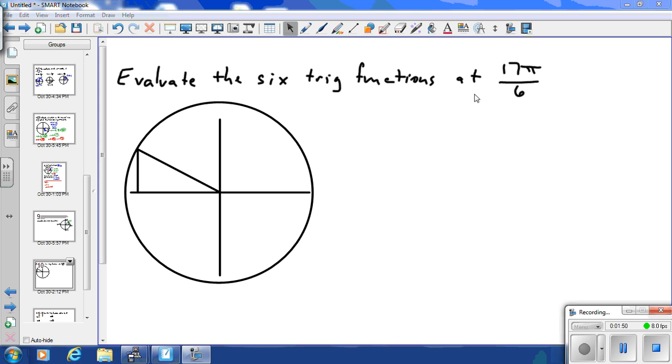But the way I showed you here, counting by pi over 6, it takes 6 of them to get here, 12 pi over 6 to get here, 13, 14, 15, 16, 17, it would take 18.